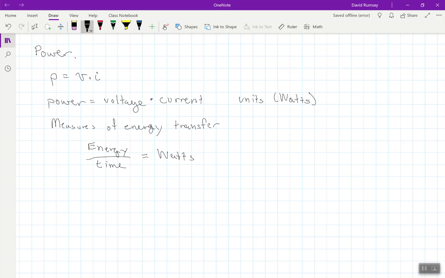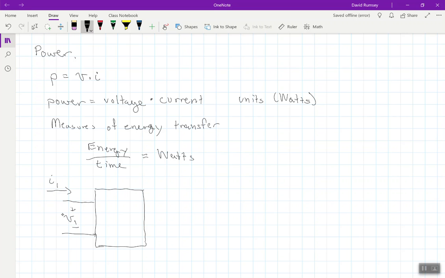Now this is very important for this V times I computation. Let's just do an example to illustrate this real quickly. When it's doing that V times I, first off, it's thinking that if I've got a device here and I have plus minus some voltage 1, that the current I1 is flowing into the positive terminal.